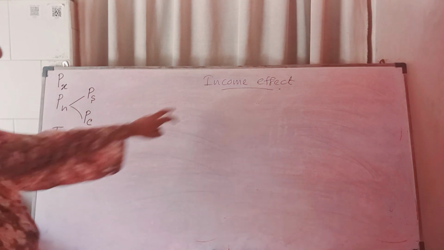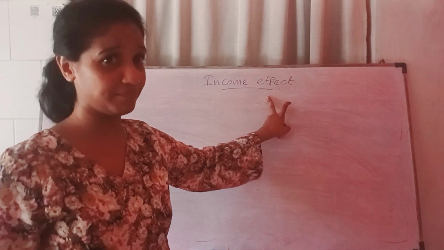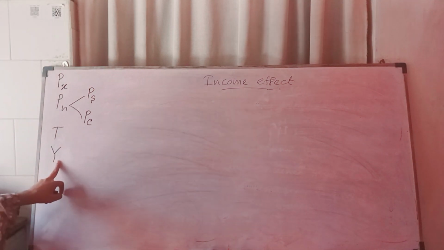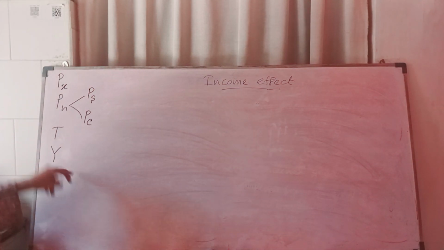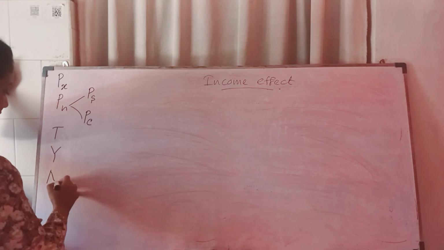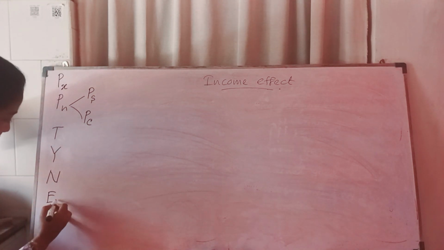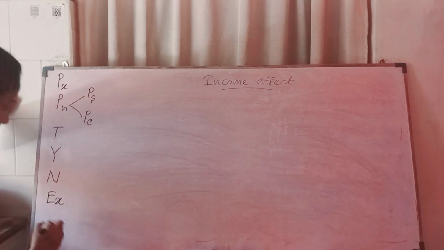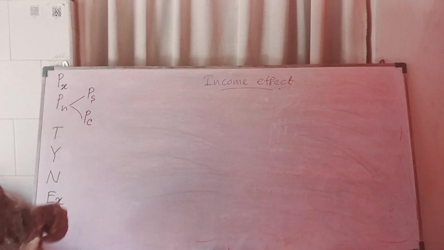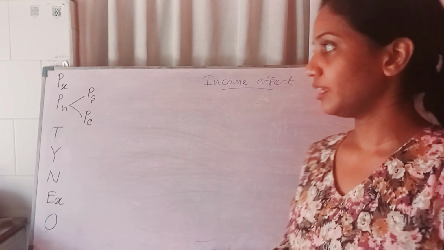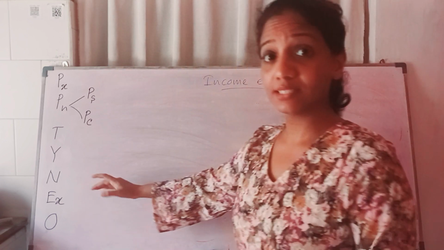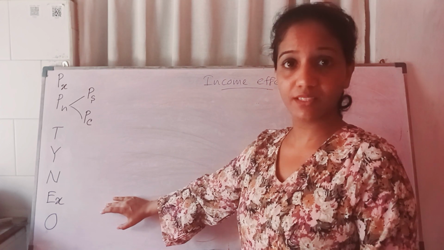This is very, very important when we talk about the income effect. Consumer nominal income, right? And the number of consumers in the market and future expectations and the other factors. These are the factors affecting demand for a particular good.